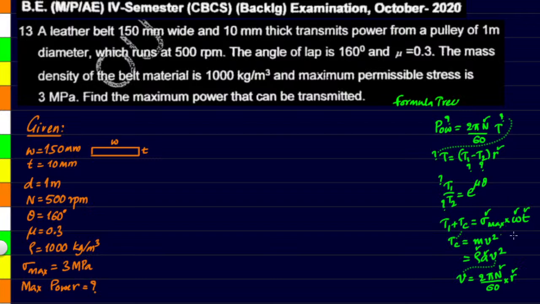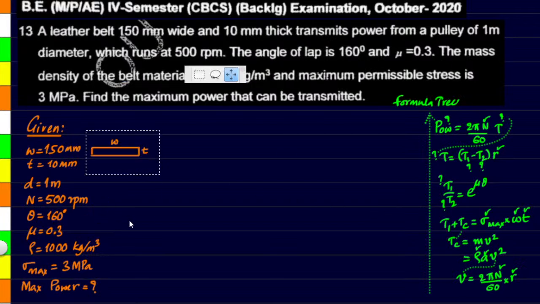Both are added. That should be within the limit defined by the maximum stress, and that leads us to the final given data. So this question, we need to solve in reverse order. We have to start at the bottom and go up, and finally we reach the ultimate thing that we are supposed to find.